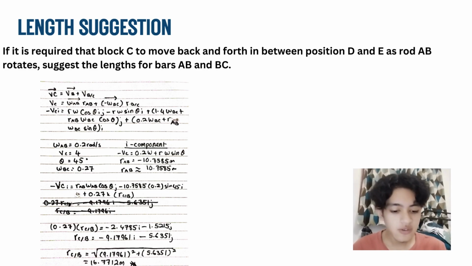Then after that, we need to solve it in the i component. If you wonder why we use the i component, it is because block C moves horizontally, so the i component is the suitable one.